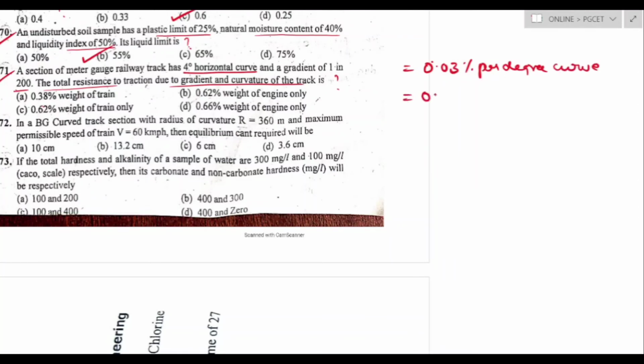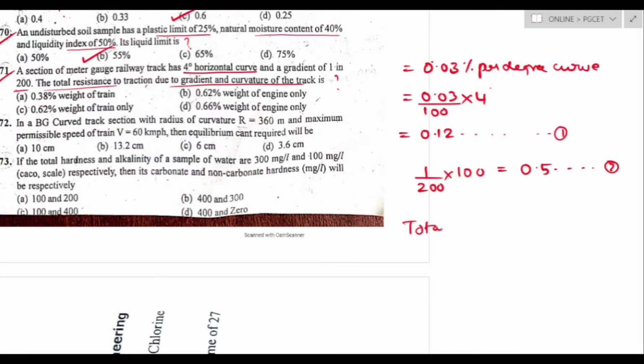Therefore, resistance due to curvature is 0.12 and resistance due to gradient is 1 in 200 multiplied by 100, that is 0.5. Therefore, the total resistance is equal to 0.12 plus 0.5, that is equal to 0.62% of weight of engine only. So option B is the right answer.